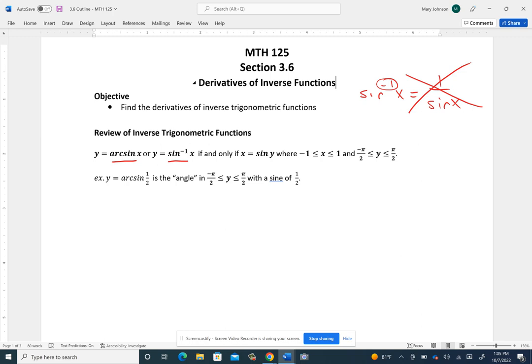So what inverse functions do in general is they take the ordered pairs on the original function and they interchange the x and the y's. All the ordered pairs would have the x's and the y's interchanged. So with sine, you should think of the sine of an angle, and then you get some value as your output.